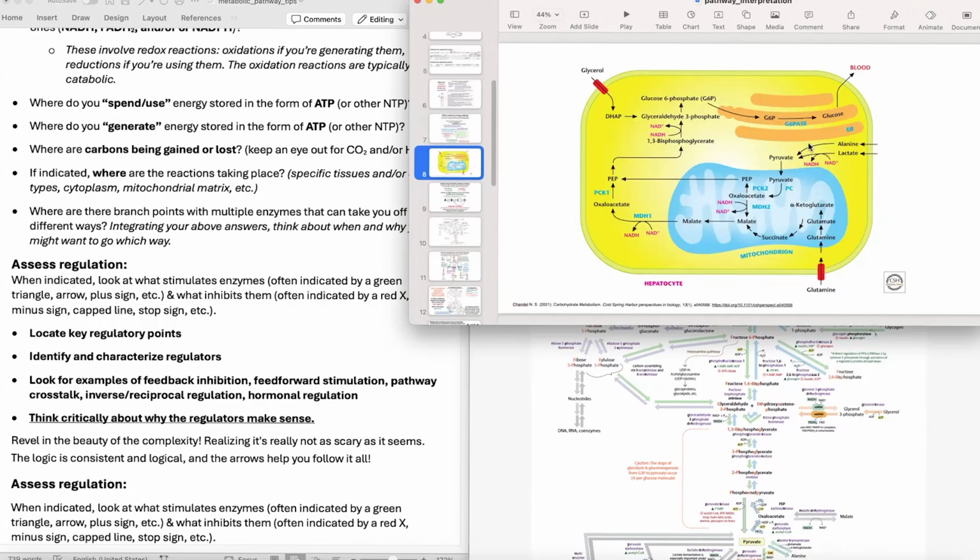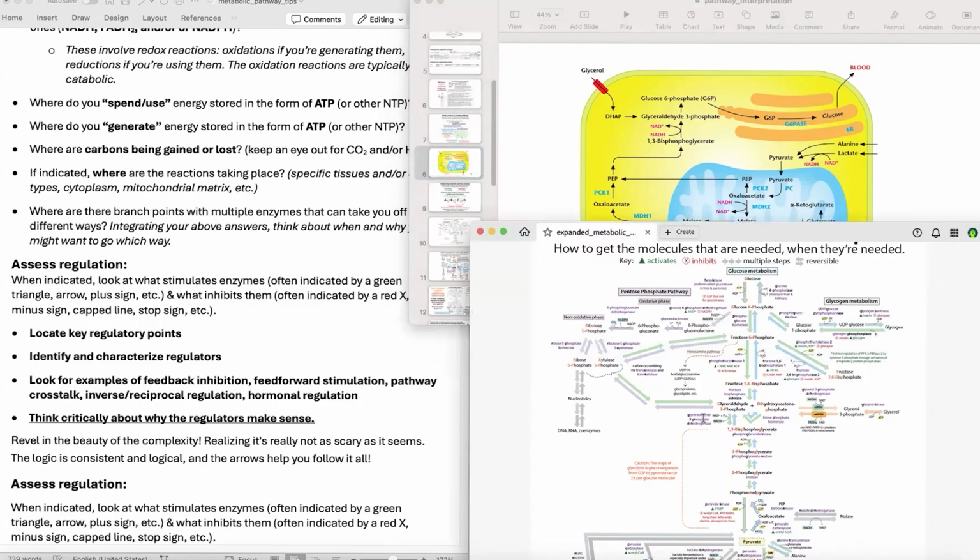For example, if we're thinking about gluconeogenesis and we're thinking about where our carbon source is coming from, if we have lactate coming into the cell, to convert that lactate to pyruvate, we do that in the cytoplasm and we generate NADH. Note that we need NADH in order to actually do gluconeogenesis. We need it for this glyceraldehyde 3-phosphate dehydrogenase step.